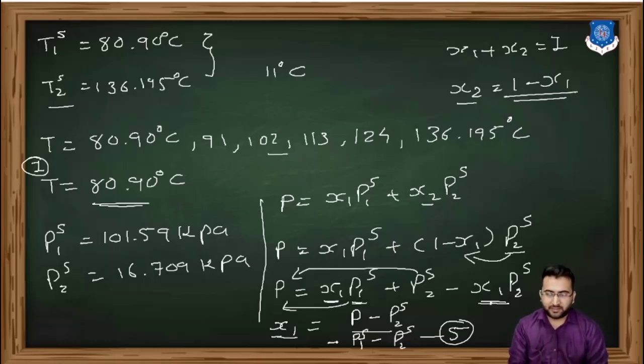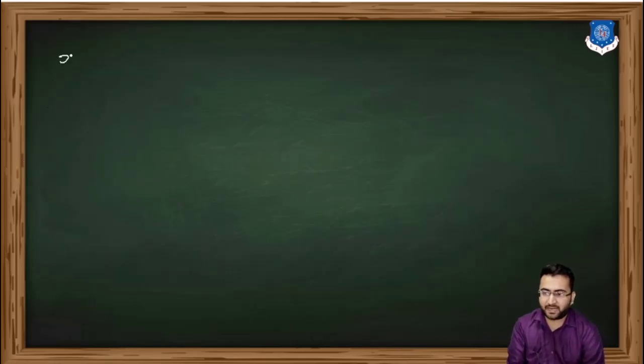But P1 saturated and P2 saturated are different for all these temperatures. If we put the values of P1 saturated and P2 saturated in this equation, we will get the value of x1, which is 1. Similarly, applying Raoult's law, y1 P is equal to x1 P1 saturated.